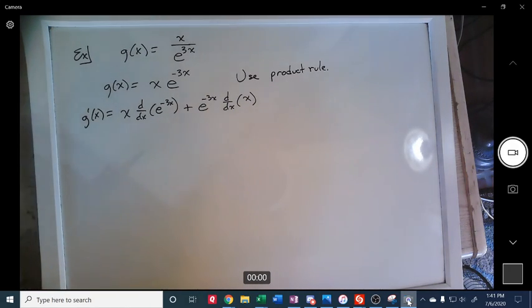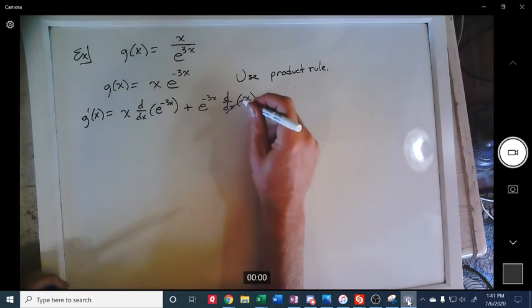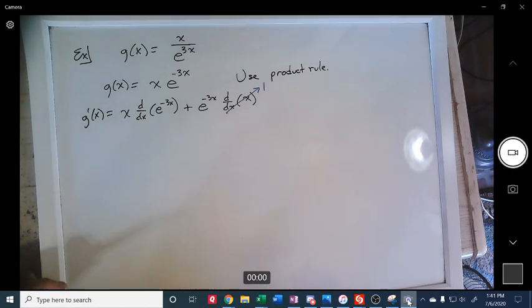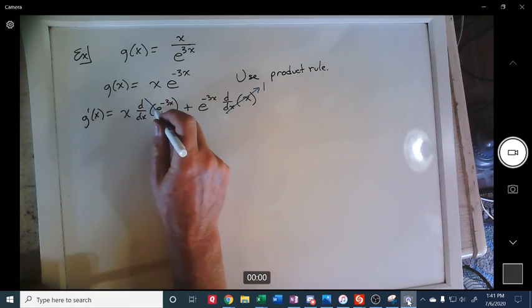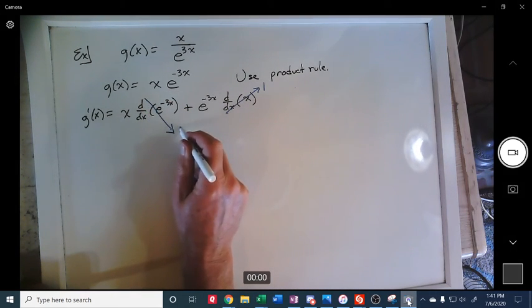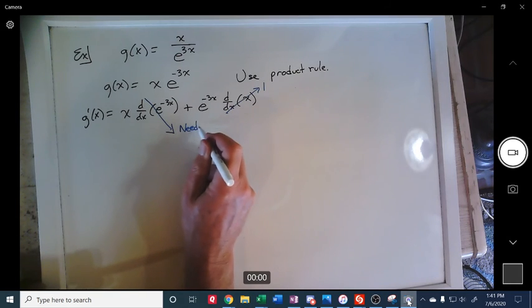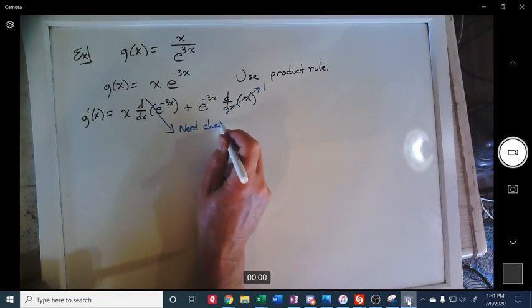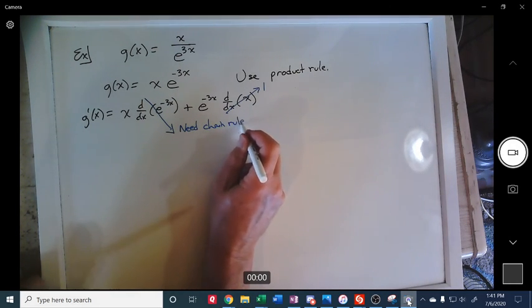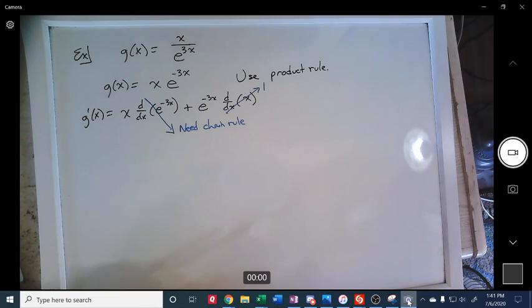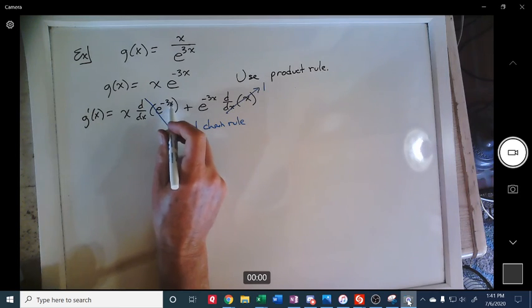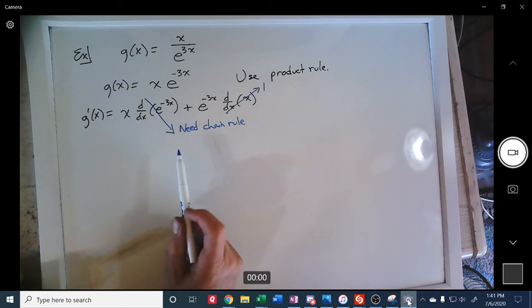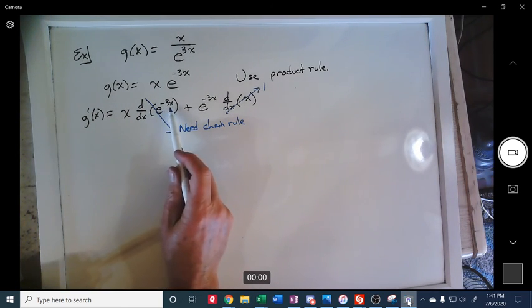To do this derivative, that's just 1. To do this derivative, I need a chain rule. Now, the derivative of e to the negative 3x, what's the innermost function? Negative 3x.